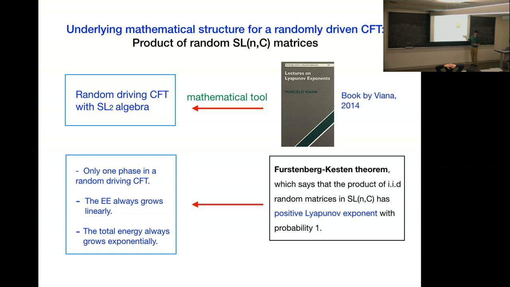But this one is the most important one, which tells us there is only one phase, which I call the heating phase. From this theorem, I can get the conclusion that there's only one phase, the heating phase. The entanglement entropy will always grow linearly in time. The total energy will always grow exponentially in time with this theorem.